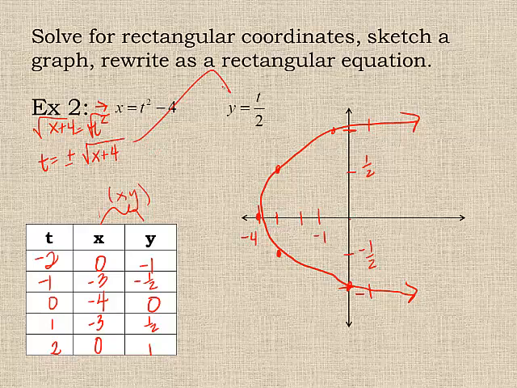Now I take this t value and plug it in for y. So y is equal to plus or minus the square root of x plus 4, over 2. And that's my rectangular equation, regular old equation. Two steps: you graph, and then rewrite the equation.